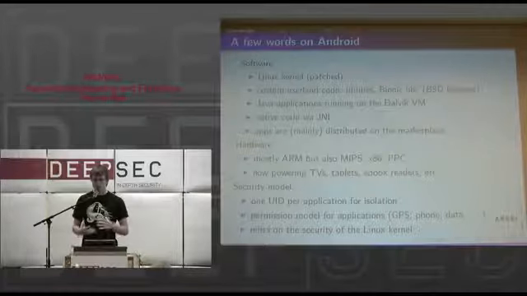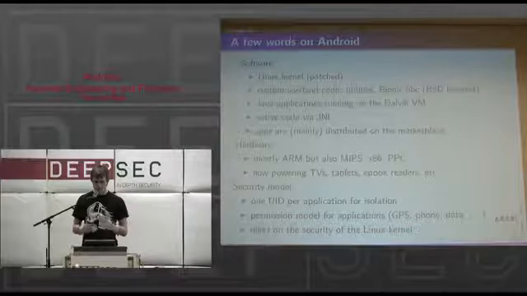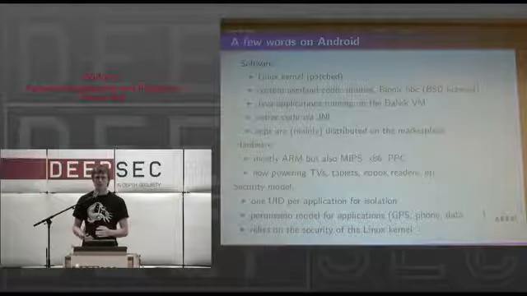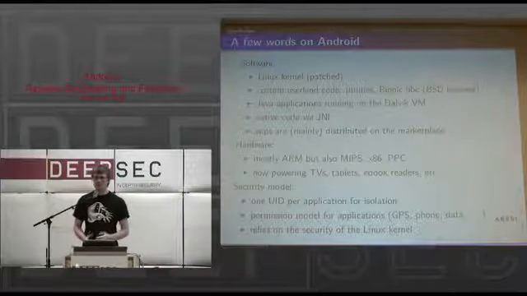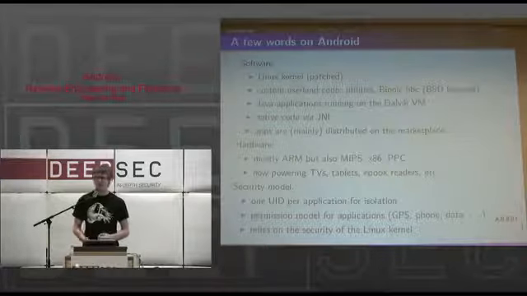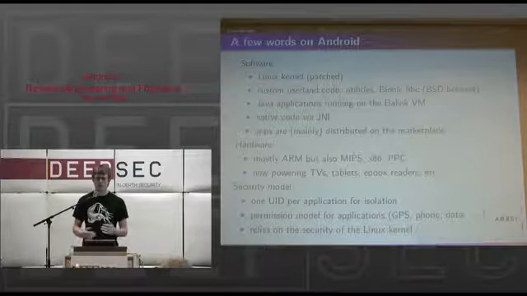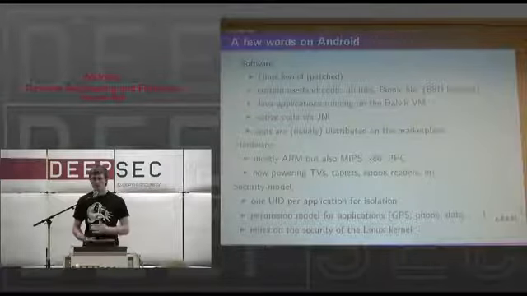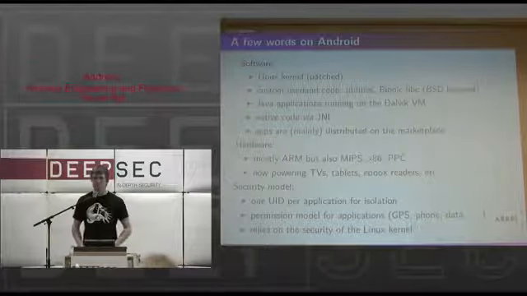So this model is really interesting. But in fine, everything relies on the Linux kernel for security. If you have a vulnerability in the Linux kernel that allows you to run code as root, then everything falls down. And the Linux kernel is not really well known for its perfect security record.